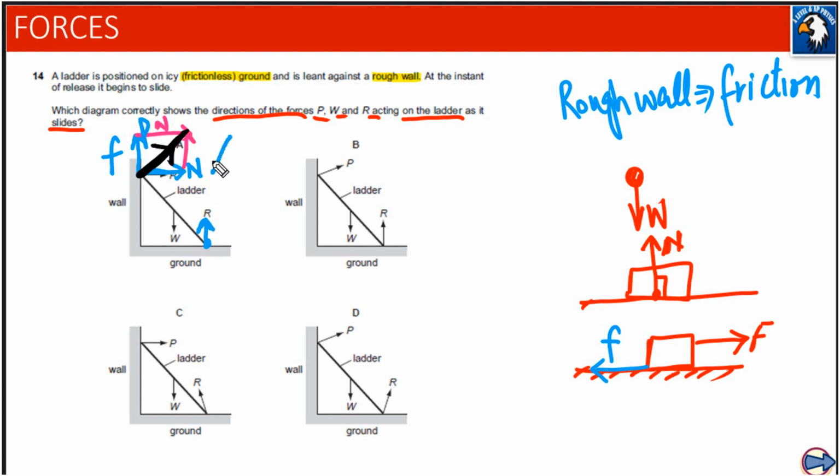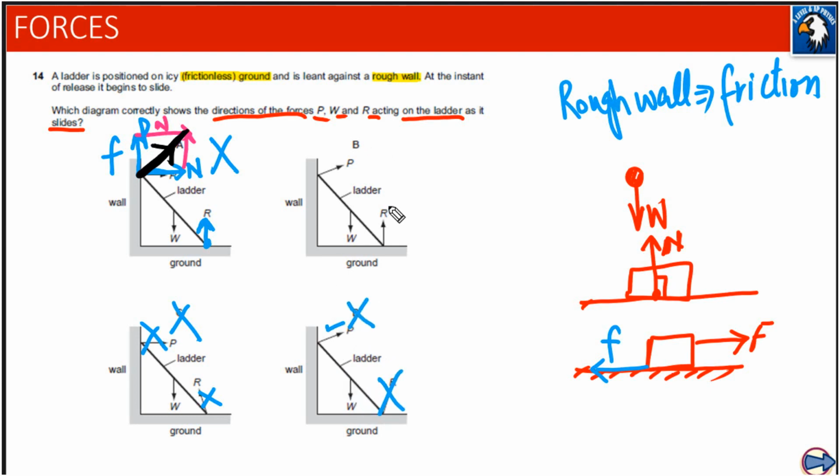A is not correct, as we have already seen. But if you look at C, C is also not the answer because the direction of P is wrong and the direction of R is also wrong. Now if you look at D, the direction of R is wrong and the direction of P is correct, so this is also not our possible answer.